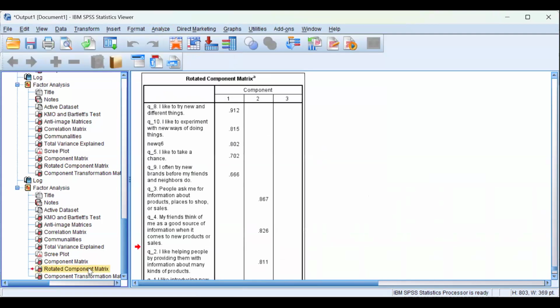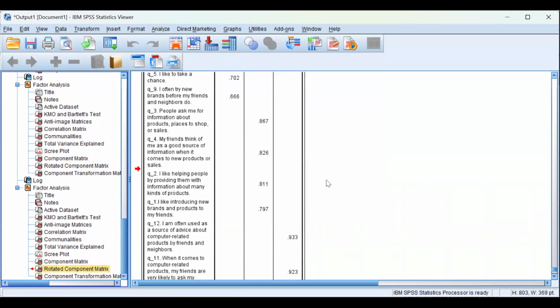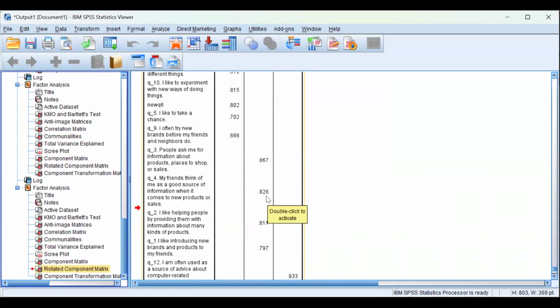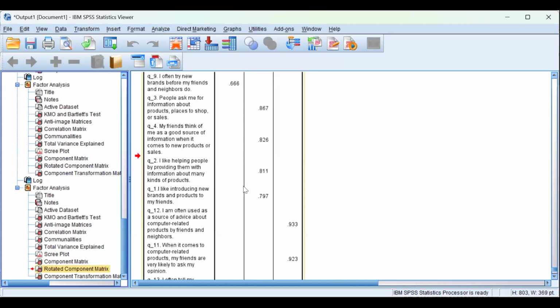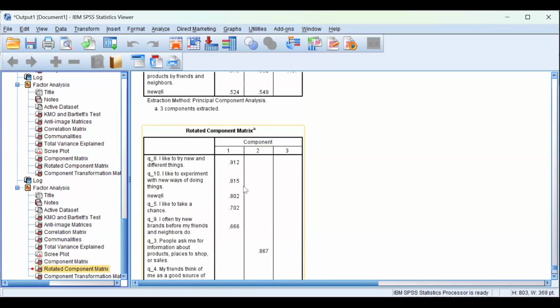When you go to the rotated component matrix, it is absolutely clear now. All the values here are more than 0.5. Ideally, it is good if you have values more than 0.7. However, close to 0.7 is also okay. Any doubts so far?